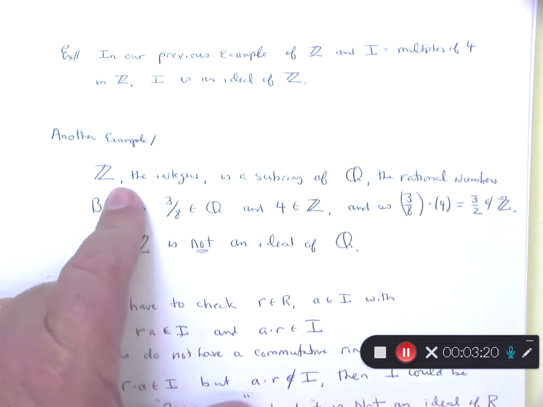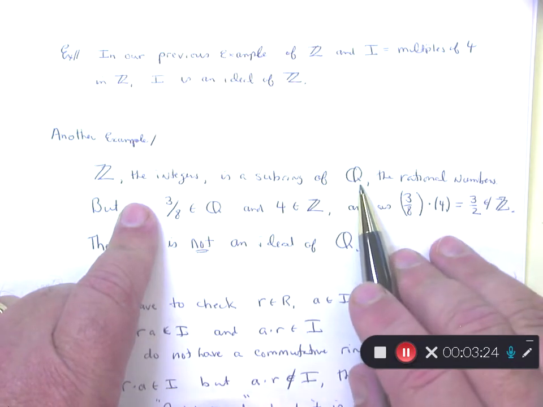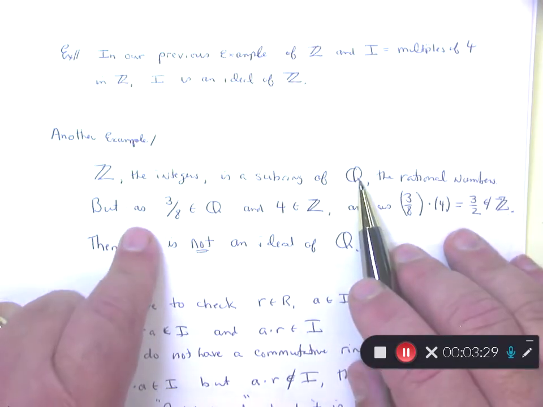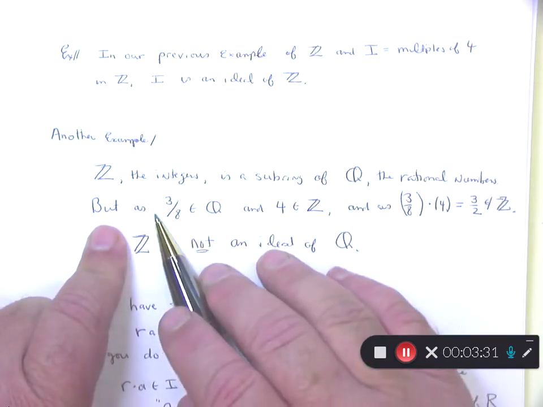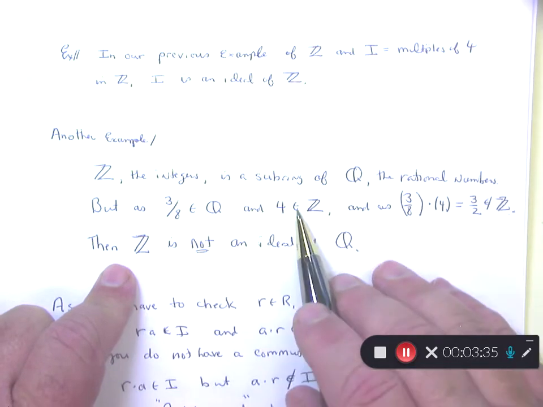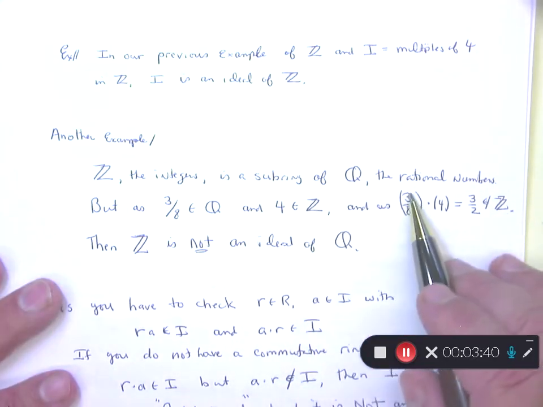Another example would be this. You've got the integers again, and the integers is a subring of the rationals. The rationals are all the rational fractional numbers here, an integer divided by an integer. But let me give you an example. 3/8 is clearly a rational number, and 4 is clearly an integer. But watch this. What is 3/8 times 4?